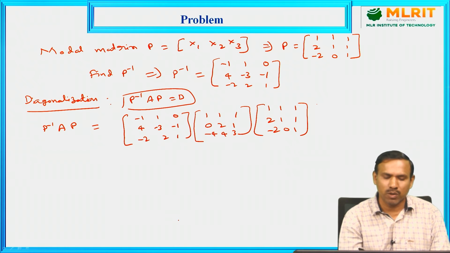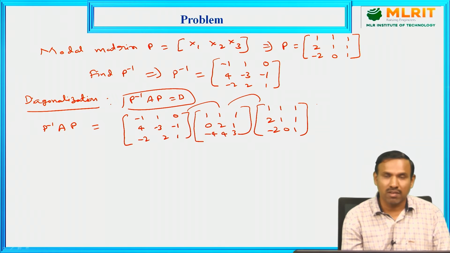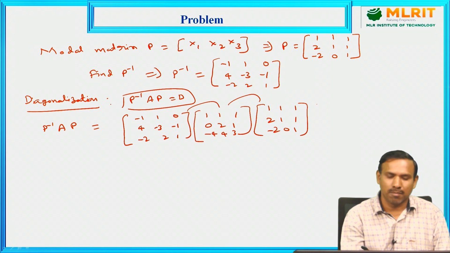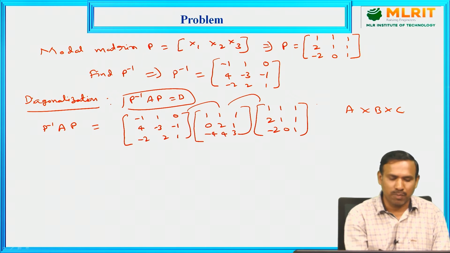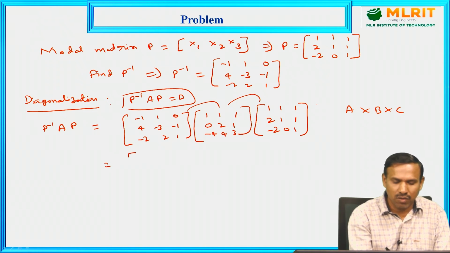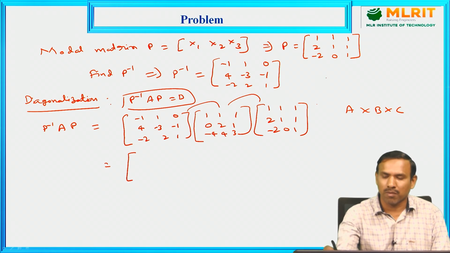Manually, you multiply the first two matrices, then multiply with the last matrix. Since a scientific calculator is allowed, we can multiply mat A into mat B into mat C and get the result. Definitely D is a diagonal matrix that contains the eigenvalues on the diagonal. The eigenvalues for this problem are lambda equal to 1, 2, 3.